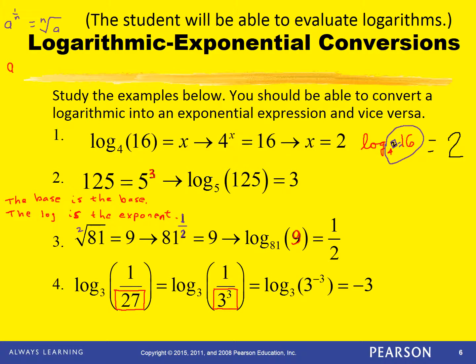The exponent is 1/2, so that's going to be equal to the logarithm on one side of the equal sign. And the other thing is the 9. That's by process of elimination, that has to go into the position of being the argument of the logarithm. So log base 81 of 9 is equal to 1/2.